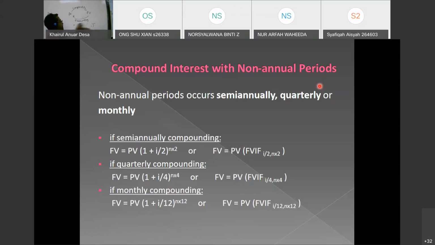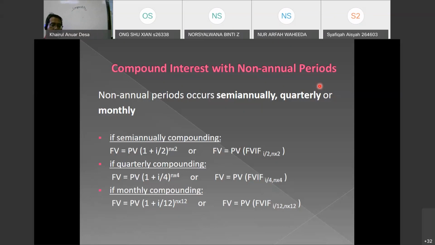Actually, in the future value question, there are more than annual interest rates. It can be semi-annual, it can be quarterly, and it can be monthly compounding.